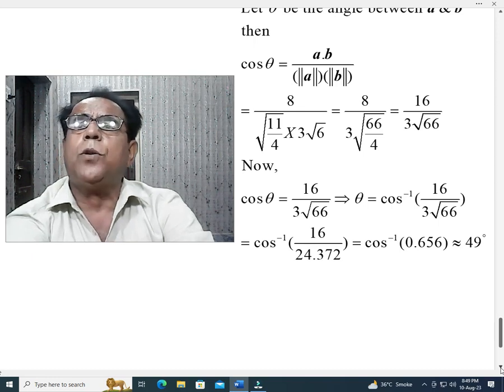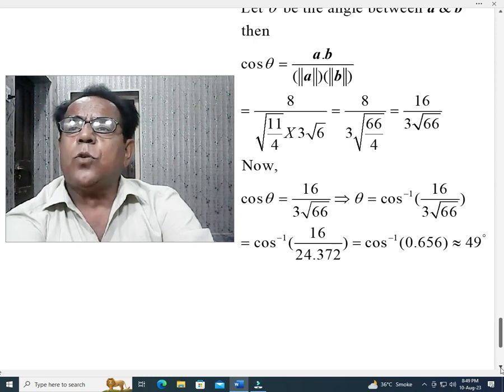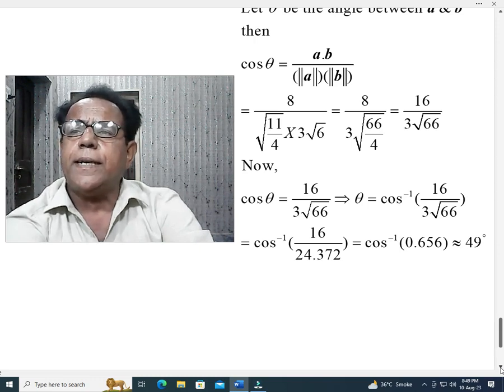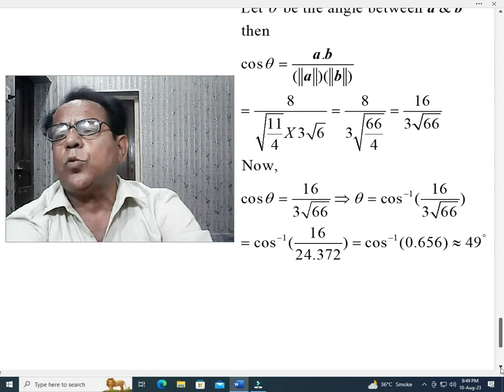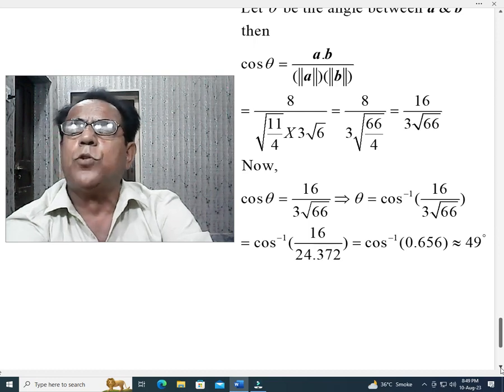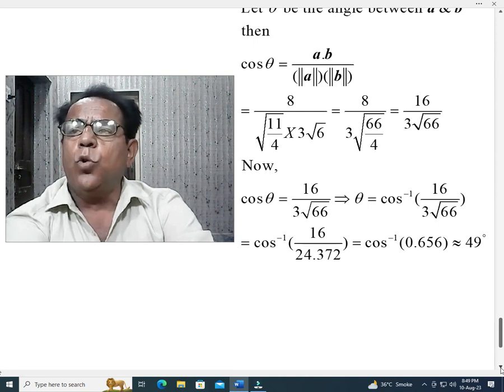As per online inverse cos calculator, angle theta does not become exactly equal to 49 degree. It either becomes equal to 48 point something or 49 point something, but I have rounded it to the whole degree.